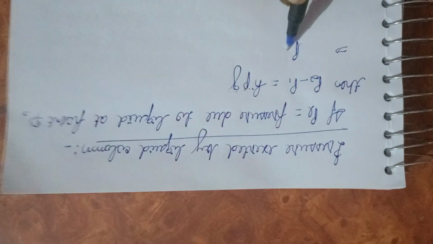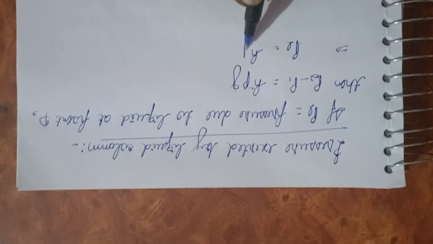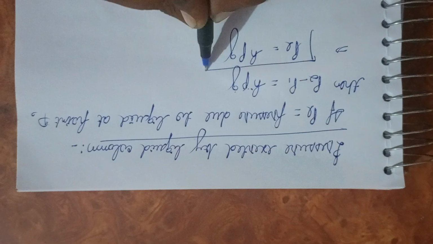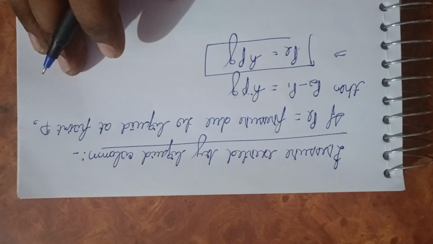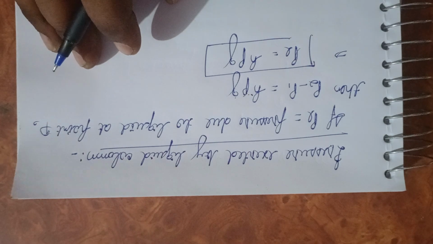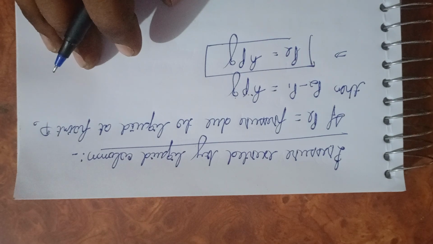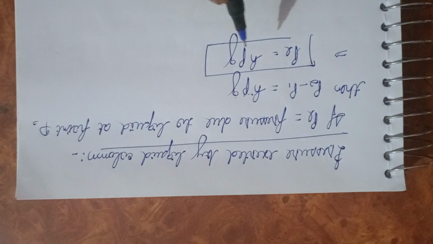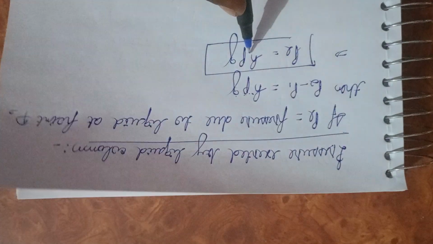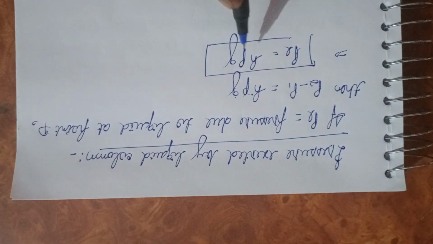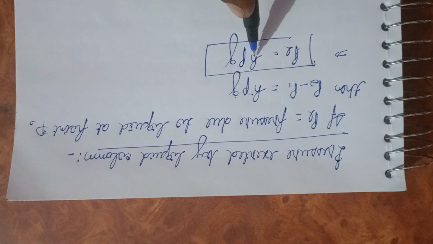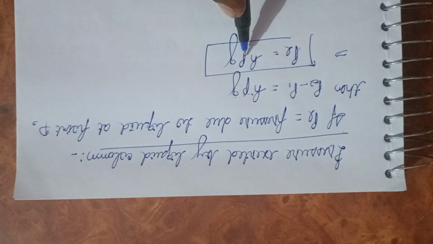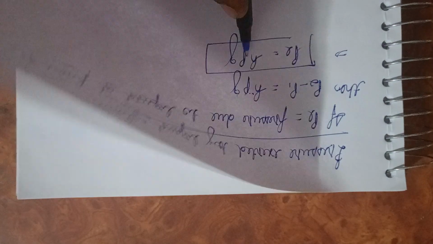From here, PL is equal to H rho g. This shows that pressure exerted by a liquid column of height h is independent of area of cross section A, but depends upon the height of the liquid column and density rho of the liquid.